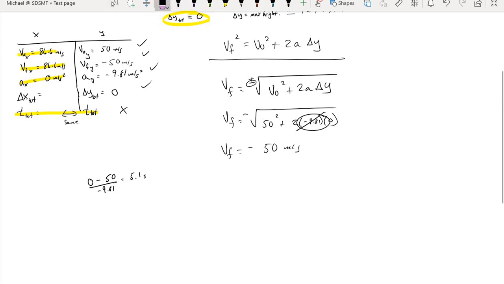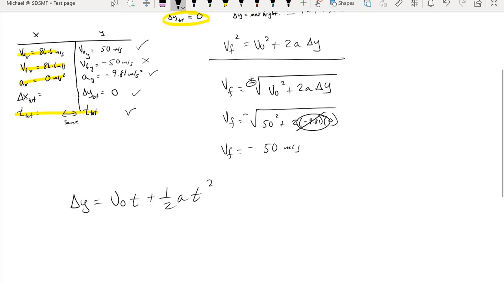Moving on, now we'll find the time. We probably don't want to use something that was calculated, so we need the equation that leaves out the final velocity. That equation is the initial velocity times t plus 1/2 a t squared.